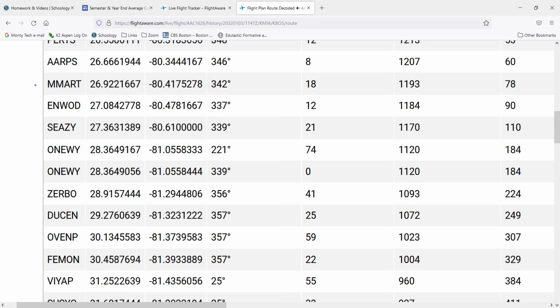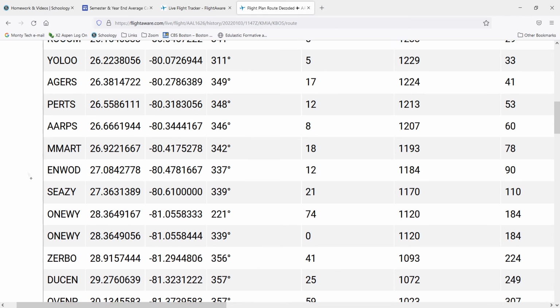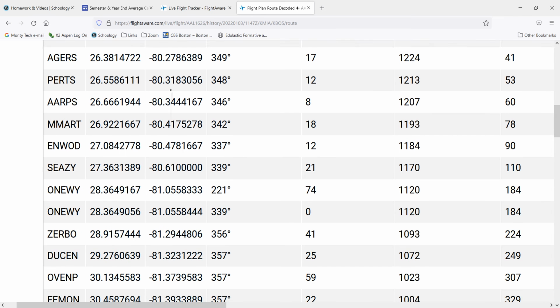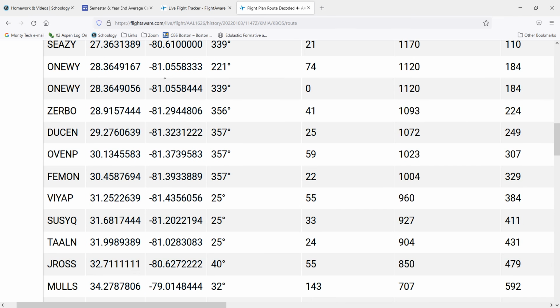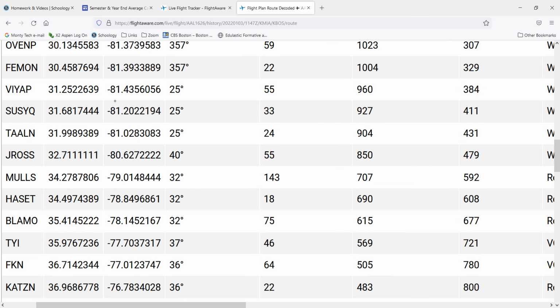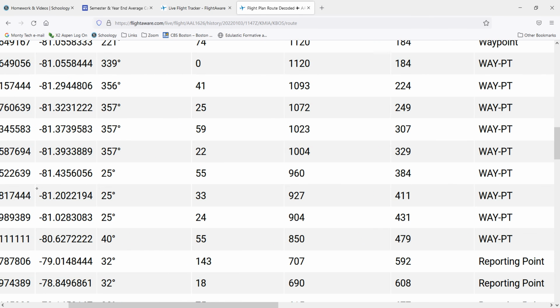So this plane was coming from Miami, and it said it was going to Boston. So you can see most of the directions that it traveled were close to the 360 degree range. Okay, it has to go a little bit east too to get from Miami to Boston. Most of them are pretty much north until it starts to get towards the end. Then it's making some small adjustments.